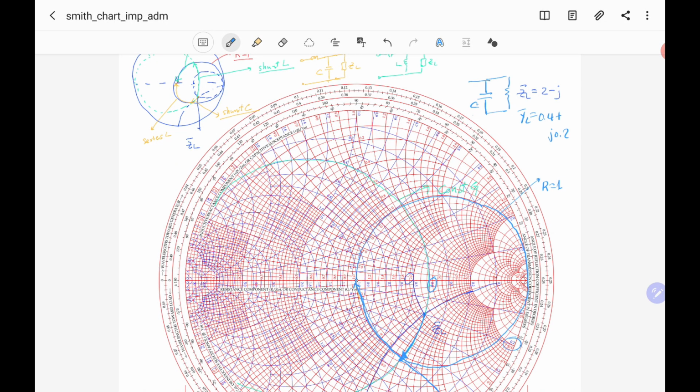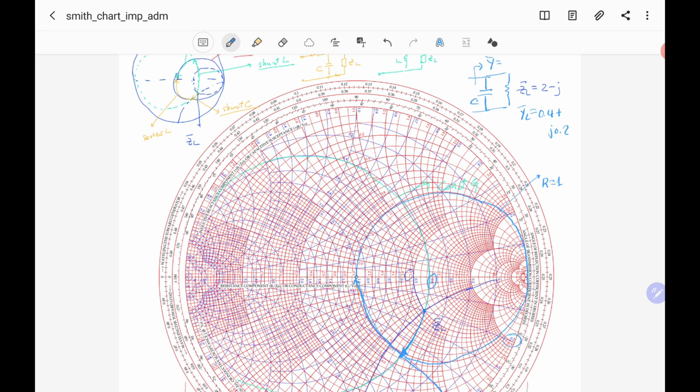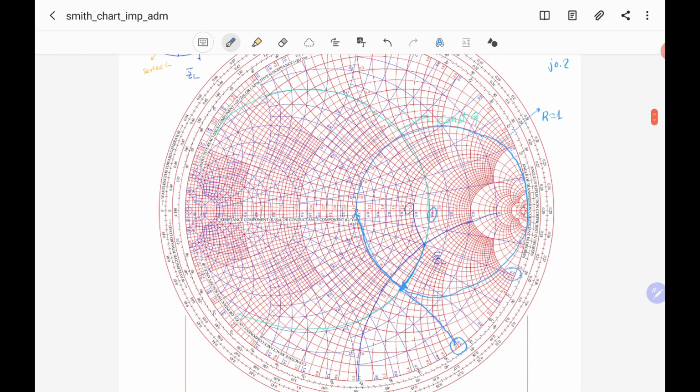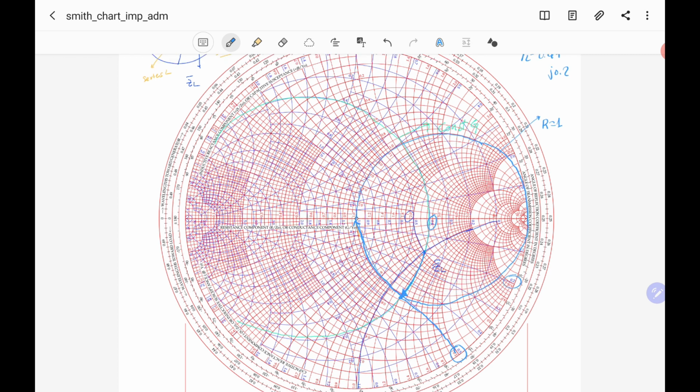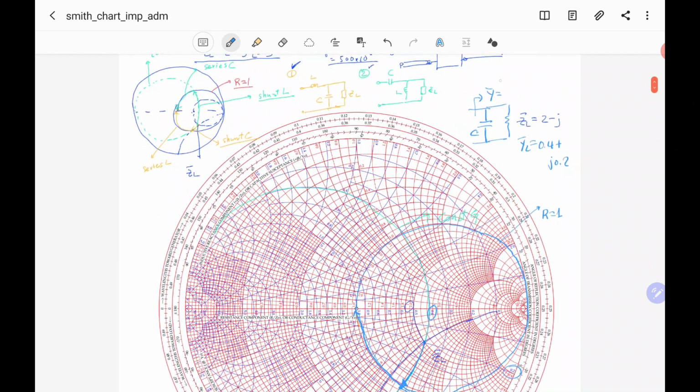So after we connect this capacitance, the normalized Y becomes, because we have a constant G circle, G is the same but susceptance changes, 0.4 plus j0.5.